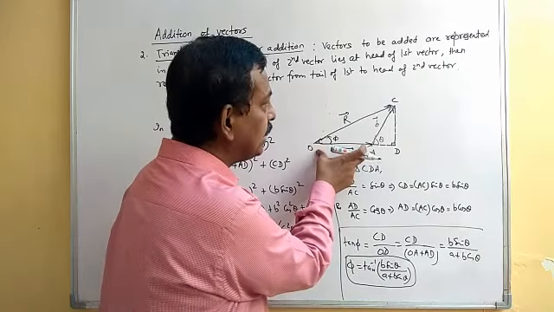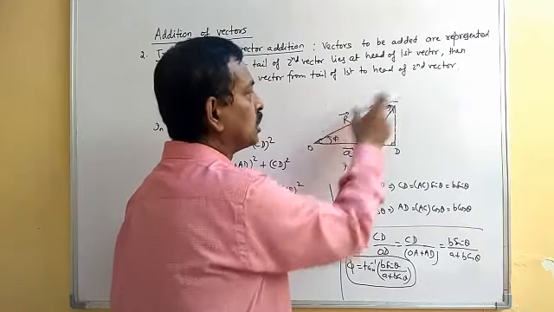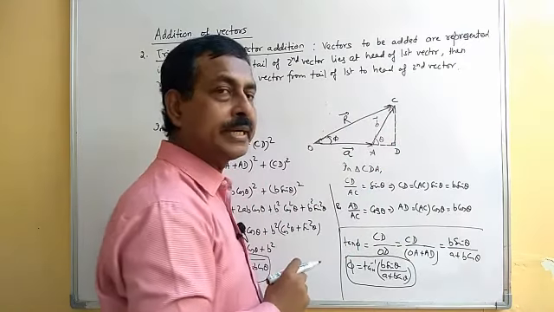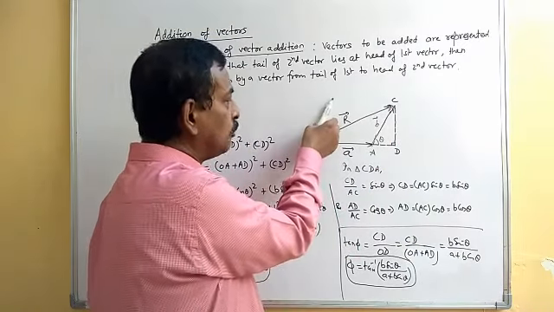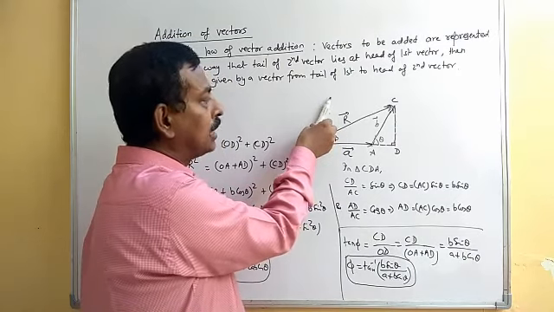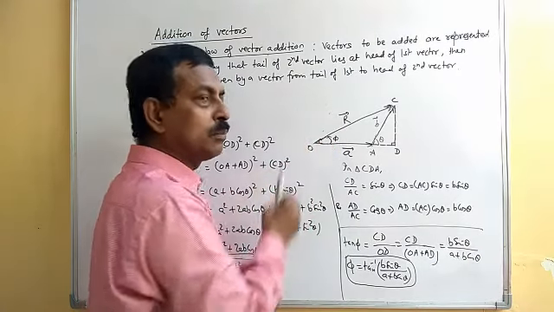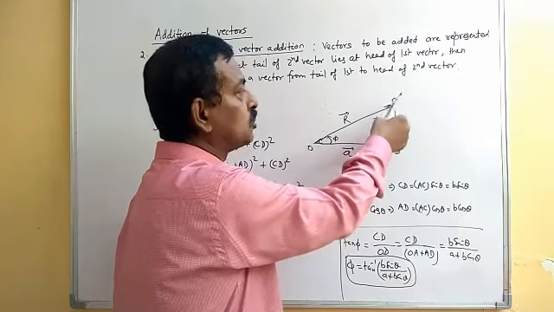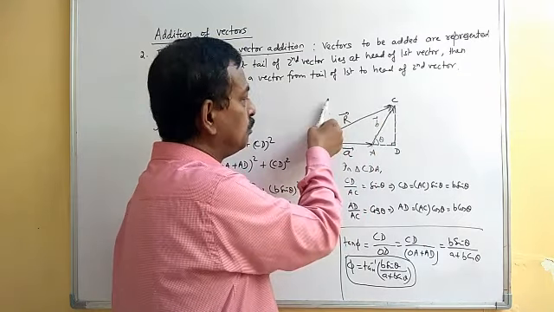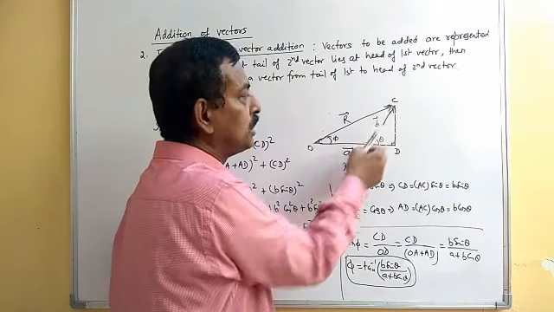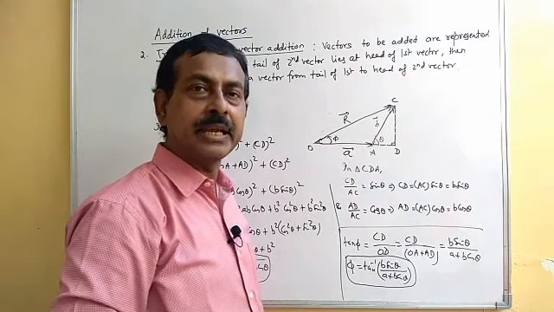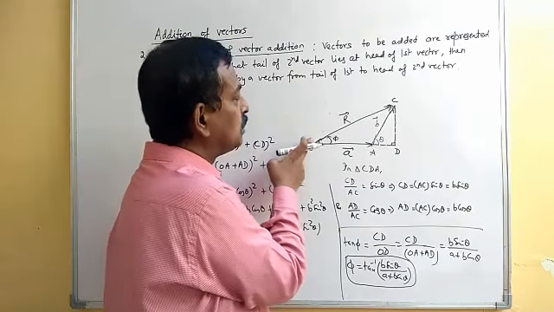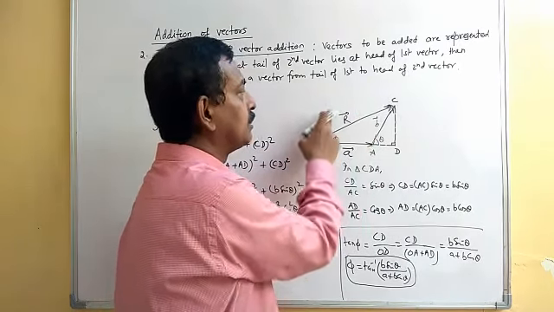This is your vector A, this is your vector B, this is your resultant. How is vector B oriented now? In the parallelogram law, the two had the initial point at one particular position. But here in the triangle law, we have put the vector B such that the tail of B is at the head of vector A. And now the resultant is from the tail of the first to the head of the second.